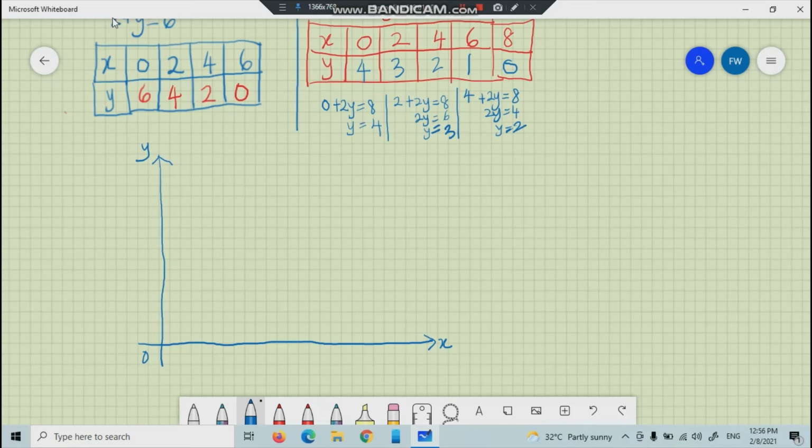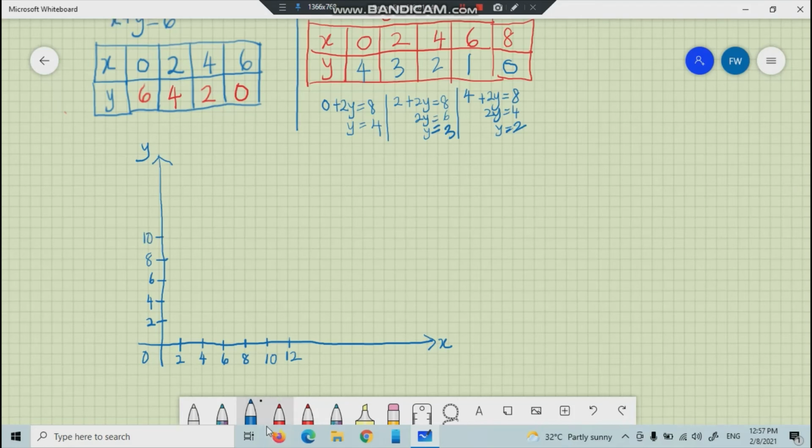Here I will refer to my small grid, where I will space out two small boxes uniformly. You need to have uniform labels. So same goes to my y-axis. That's why you need to have a ruler.